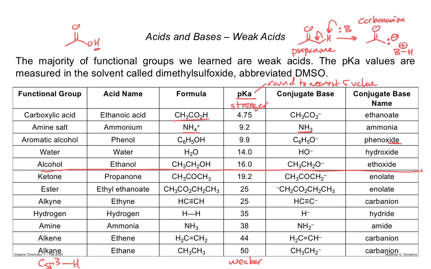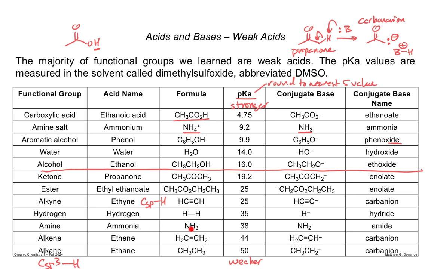Alkynes, that's an sp hybridized carbon with hydrogen. Hydrogen, H2, that's 35. Notice the next one, ammonia. Ammonia is NH3.